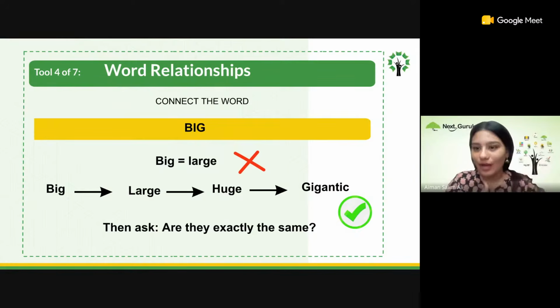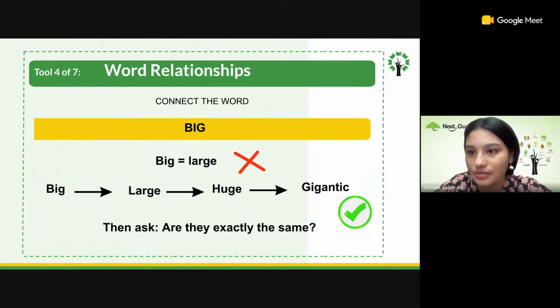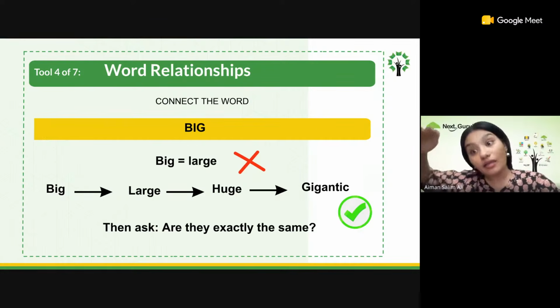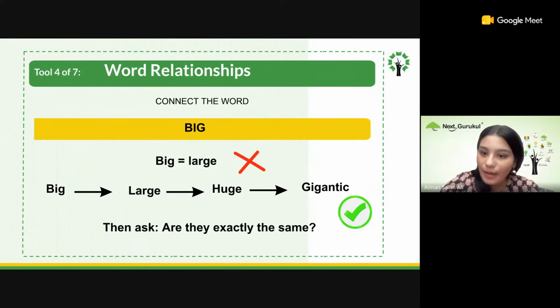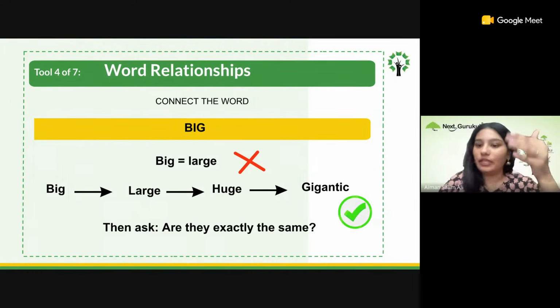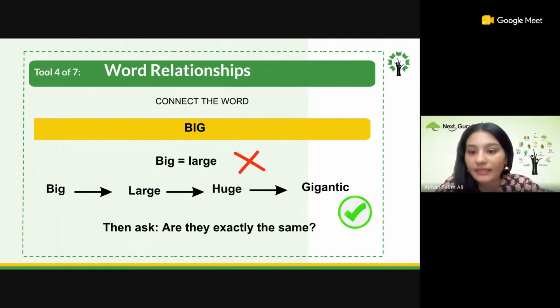I mean, that's correct in one part. But when I say big is large, I'm restricting the vocabulary of my students, right? I'm not allowing them to think more about what might be the other synonyms of big, right? So big might mean large, might mean huge, might mean enormous, and then ask, are they exactly the same?